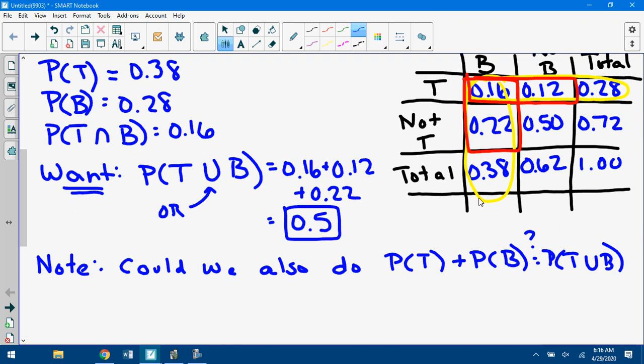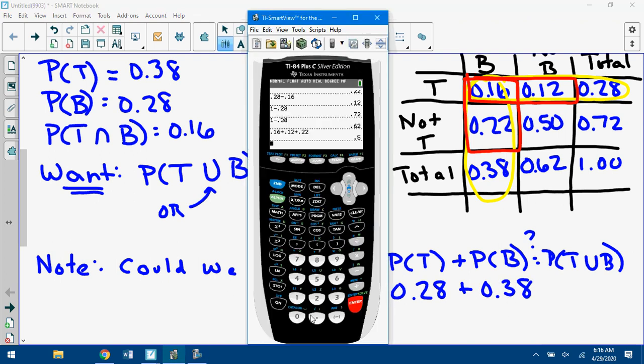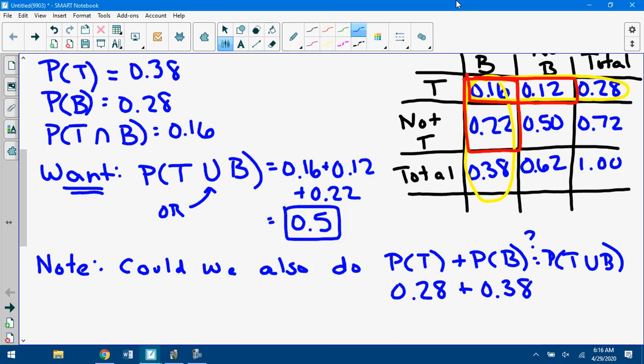Well, let's see. If I do that, I get the total of transmission was 0.28. Total of brake pads was 0.38. And what's 0.28 plus 0.38? 0.66. But we know the answer is supposed to be 0.5. So no, that doesn't work.